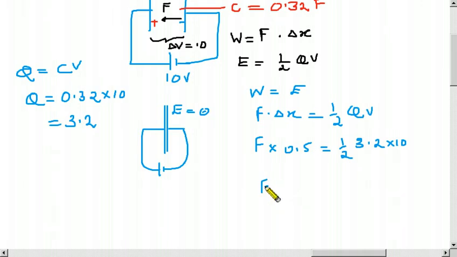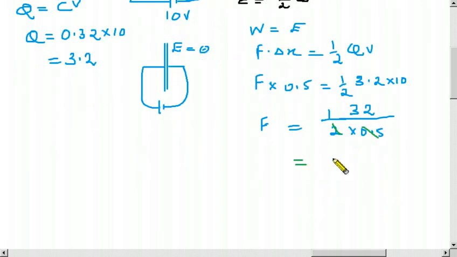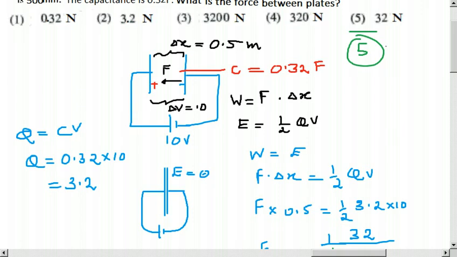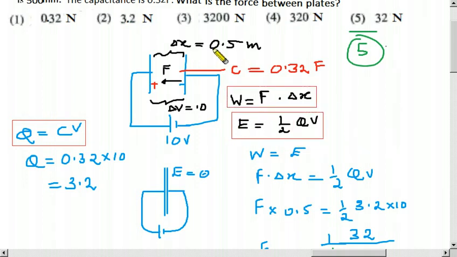So F equals half times 0.5, then 32. 3.2 times 10 is 32. The half and 0.5 become 1, so we don't have to write it. Then 32 Newton. This is the answer, the fifth one. To solve this, you should know this equation and also this equation and also this equation. We used 3 equations.